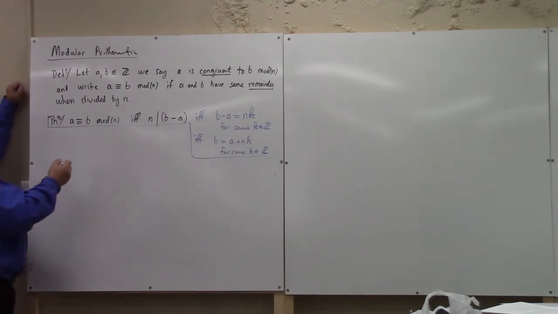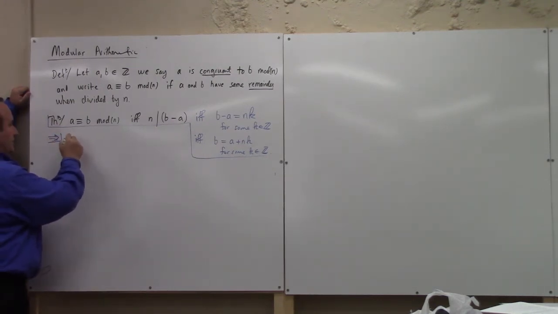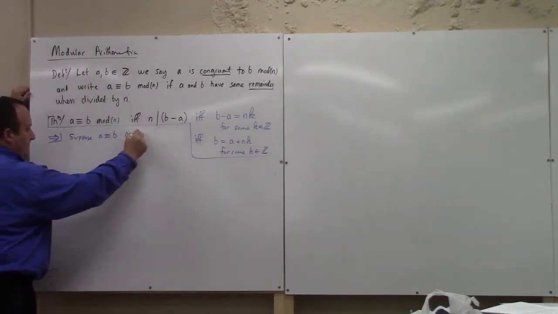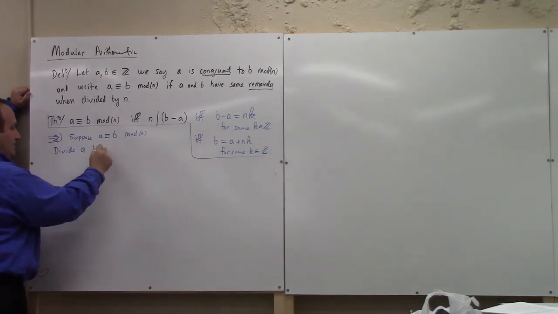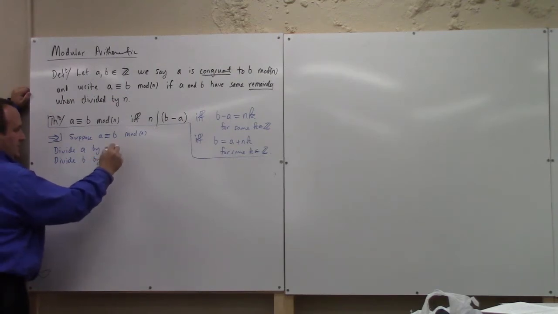So let's go with the forward implication, right? So suppose A is congruent to B mod n. So divide A by n, divide B by n, and obtain what?